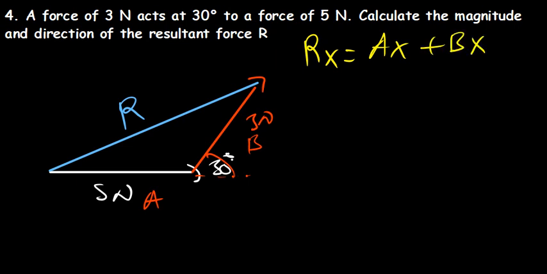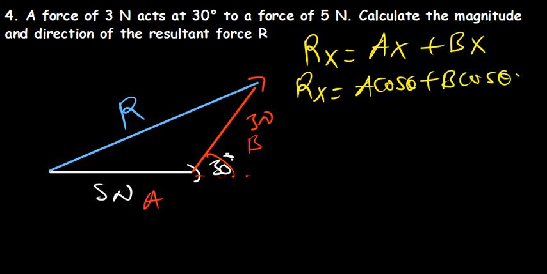The Rx is the one we're trying to find, we don't know. The AX is going to be A cos theta, like I said, in the x axis it is cos, plus B cos theta. Now, when the vector is going toward east, the angle is 0 degrees.